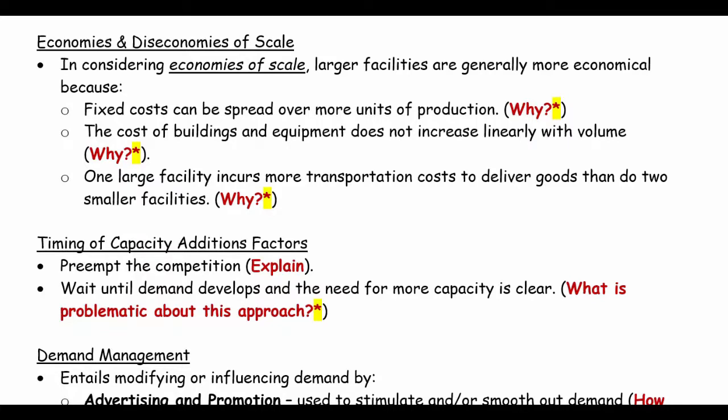One large facility incurs more transportation costs to deliver goods than do two smaller facilities. Why? Think about if you and a friend live in two different towns and you're doing a daily newspaper delivery. Okay, I know you really don't do that much anymore, but let's say you do, because I can't think of anything off the top of my head.